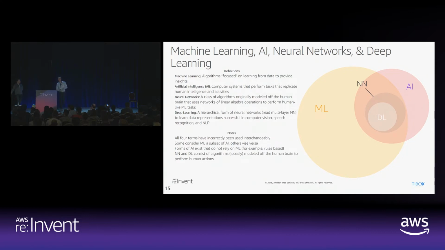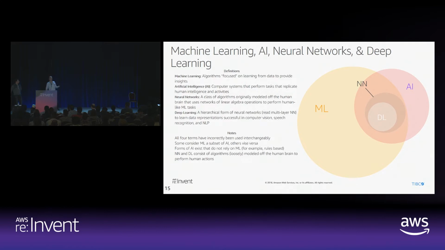Now I have them here as 2 separate bubbles that overlap. There was recently an article on Medium that actually had AI as the larger bubble with machine learning completely inside. I actually feel that this is not entirely accurate because there are forms of machine learning that are not artificial intelligence. I'll say linear regression, that I showed earlier, is an example of this.